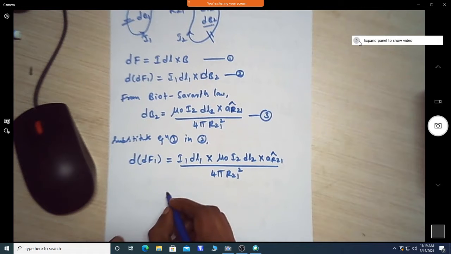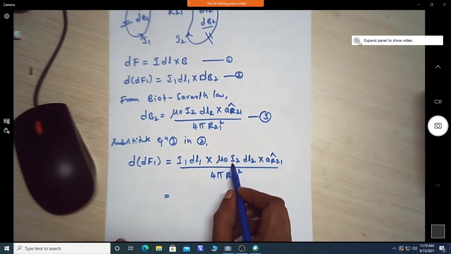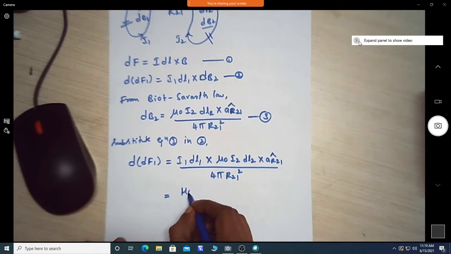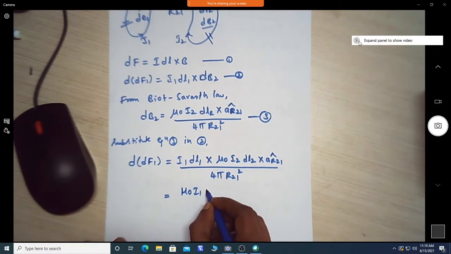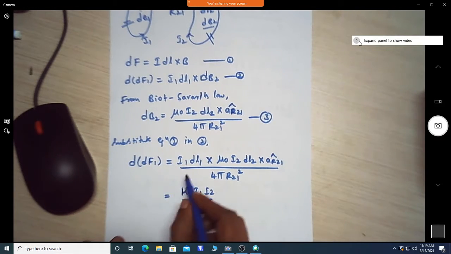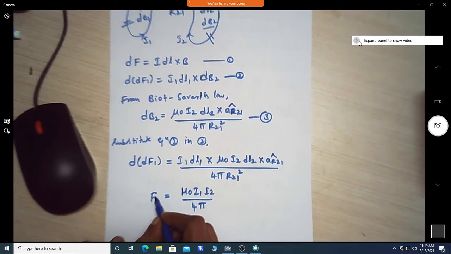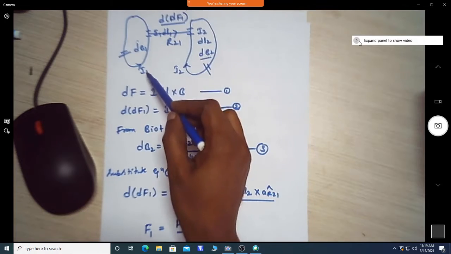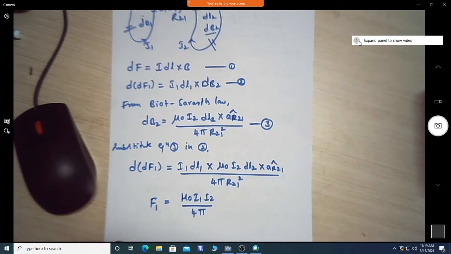Now, whichever terms are not vectors, we can take outside: the constant mu naught, I1 and I2 divided by 4 pi. If I take the integral of this, we get the force F1, the force exerted on element 1 due to element 2 or current loop 2.